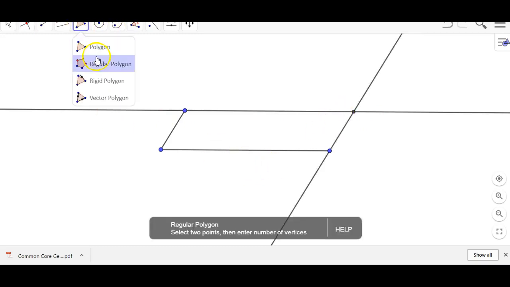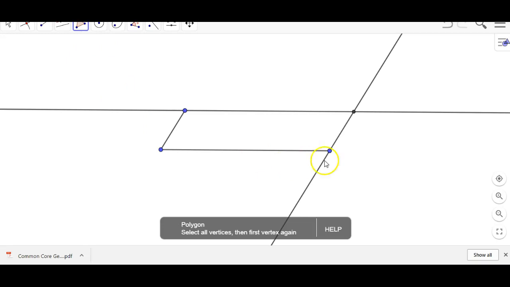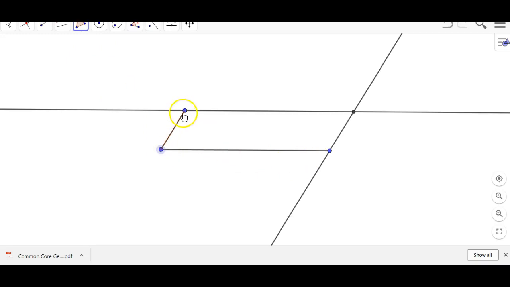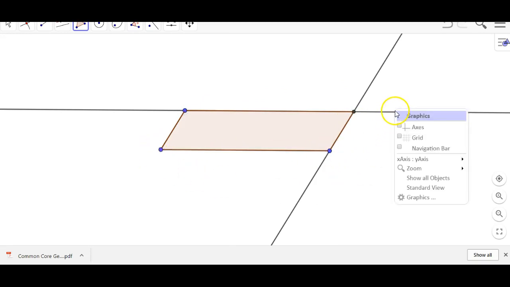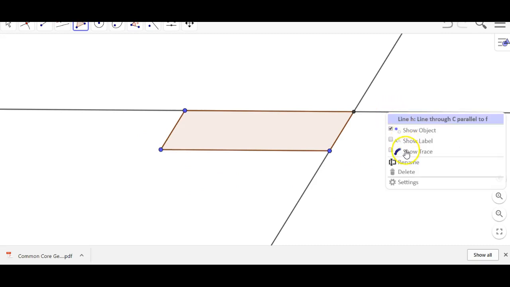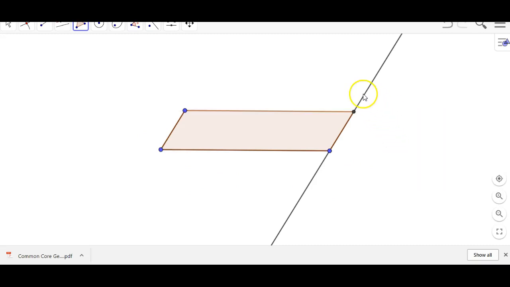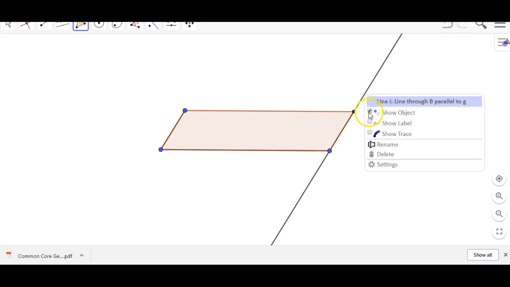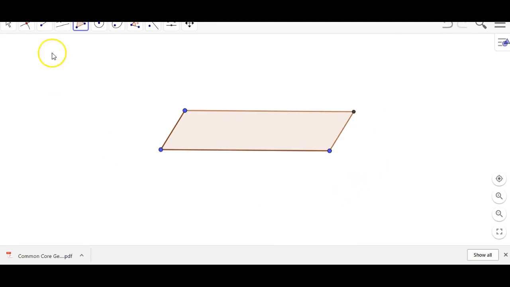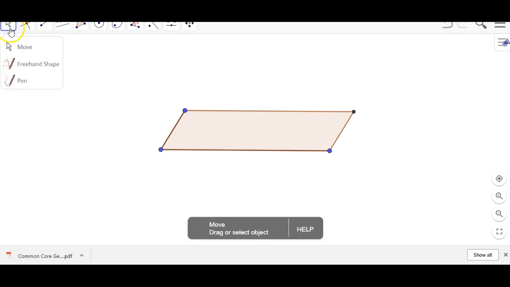And now I have 4 points, so I can construct my polygon. 1, 2, 3, 4, and back again, right? And I think I can hide the lines now that I don't need them. So I just have a polygon, or a parallelogram, sorry.